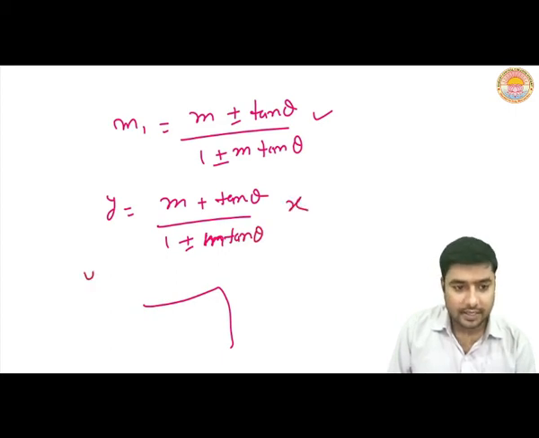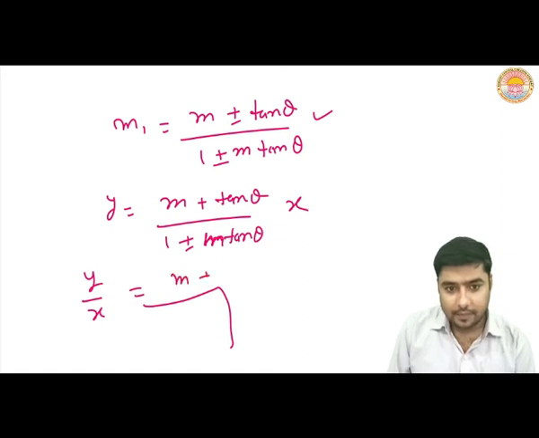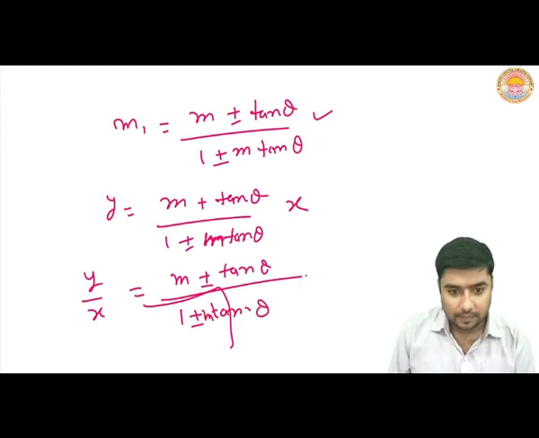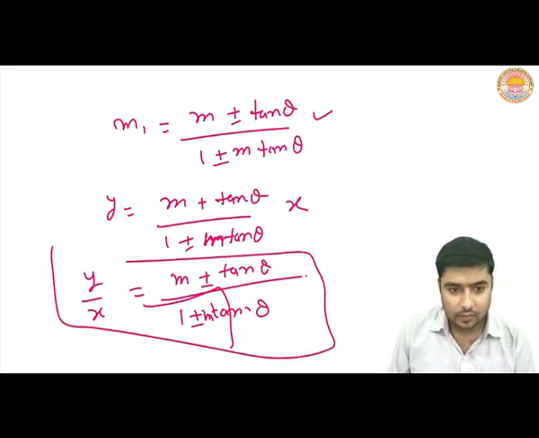We can write y upon x equals to (m plus minus tan theta) upon (1 minus plus tan theta into m). We wanted to prove this.